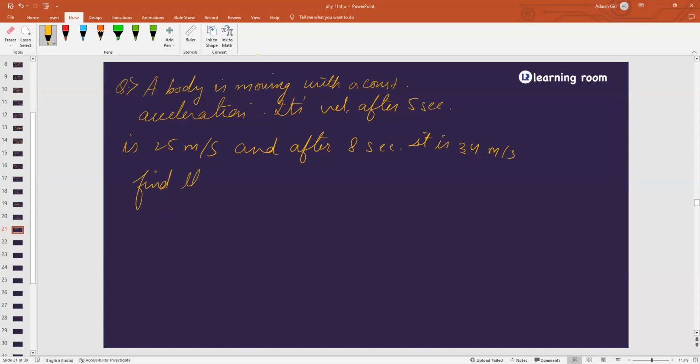Find the distance traveled by the object in 12 seconds. So try to solve this question at home, and we'll be discussing this in the next class.